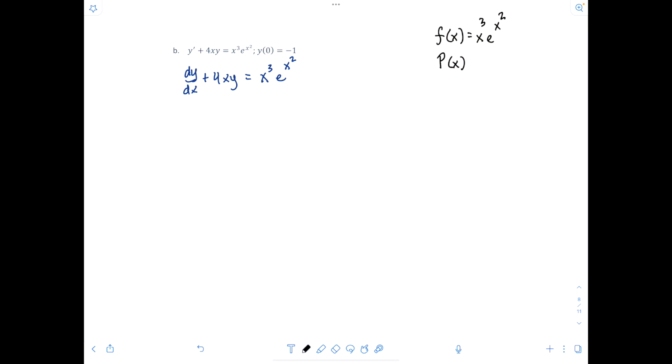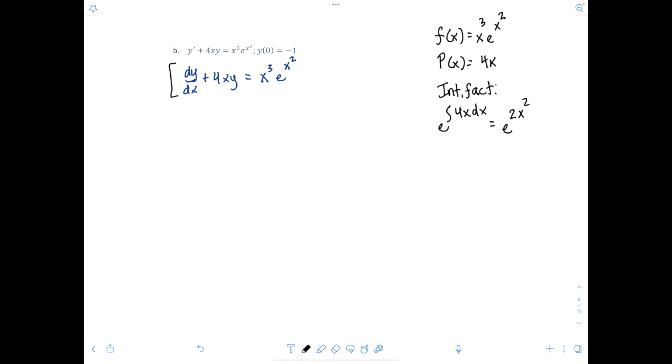P at x equals 4x. Our integrating factor will be e to the integral 4x dx, which is e to the 2x squared. Cool, cool?